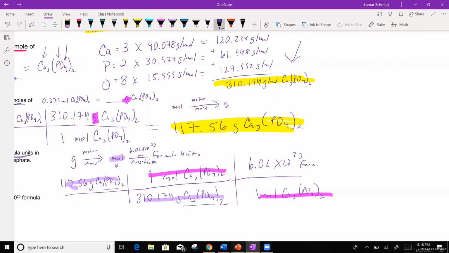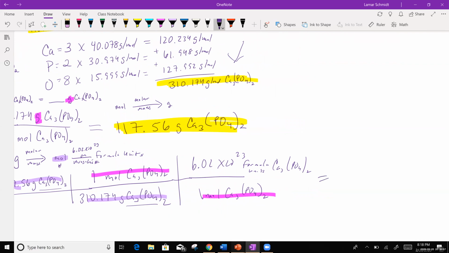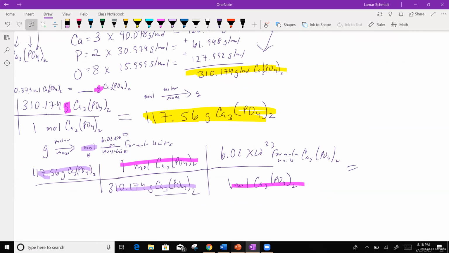Formula units of calcium phosphate. All right, and now all we have to do is plug this into our calculator. We have 117.56 divided by 310.174, and then we multiply that by Avogadro's number, 6.02.